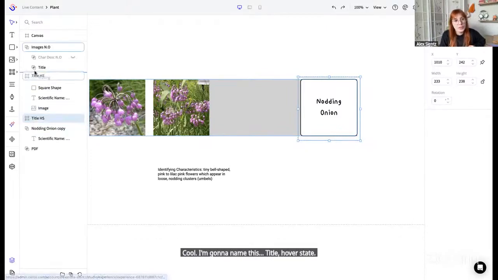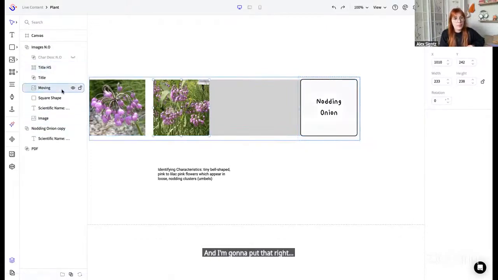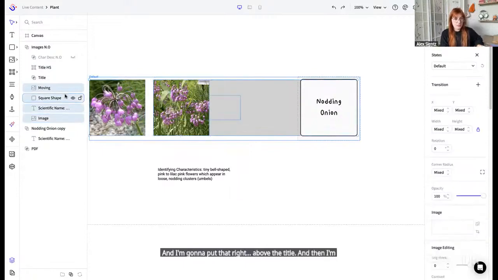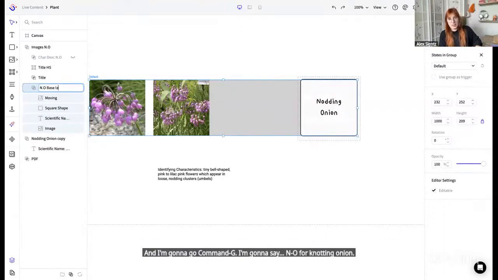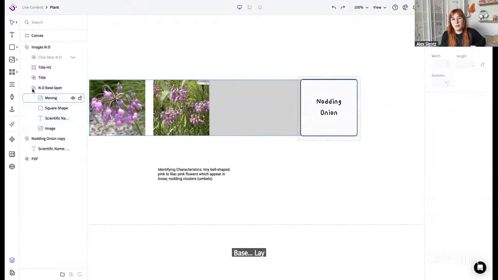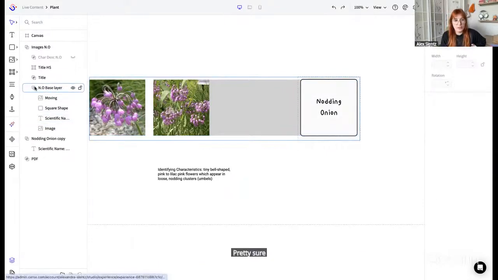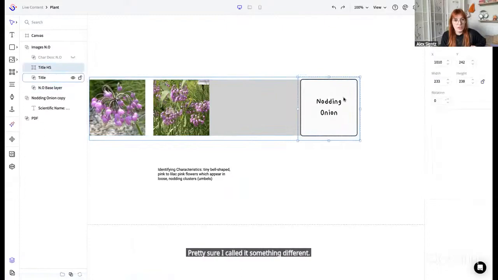And I'm going to put that right above the title. And then I'm going to take all of these and I'm going to go Command G. And I'm going to say NO for Nodding Onion base layer. Pretty sure I called it something different in the actual thing, but that's fine.